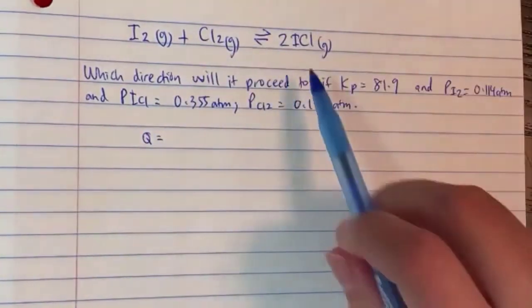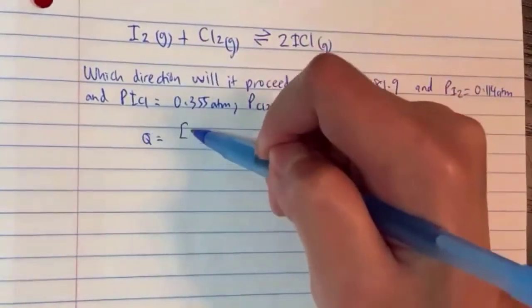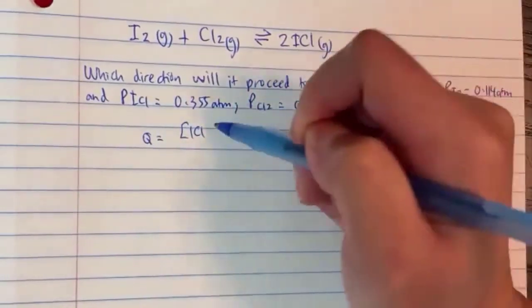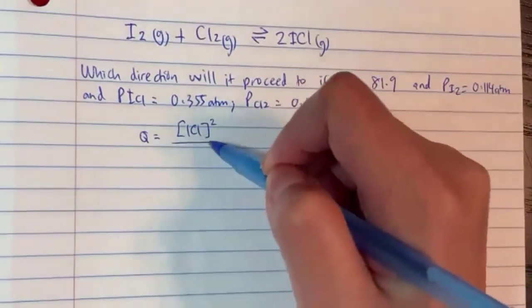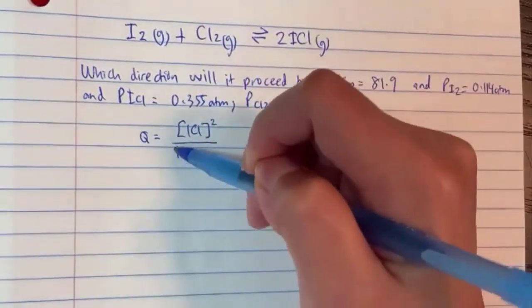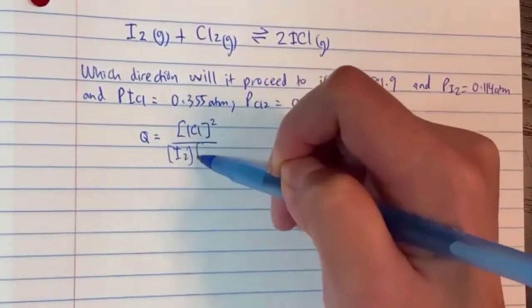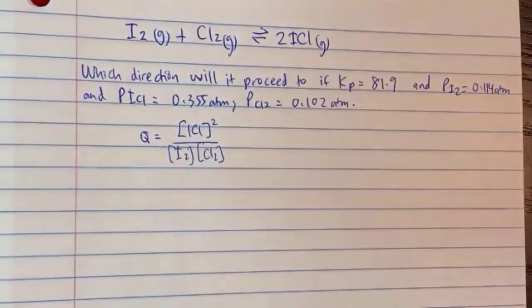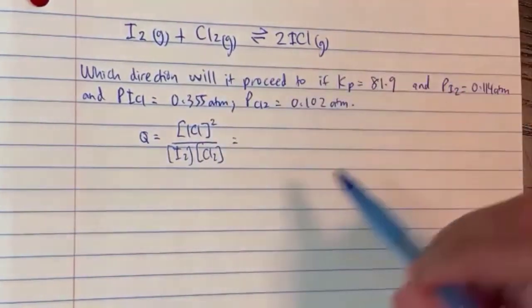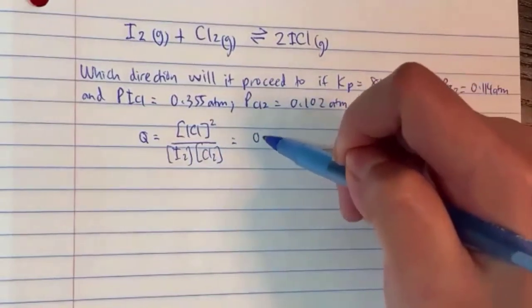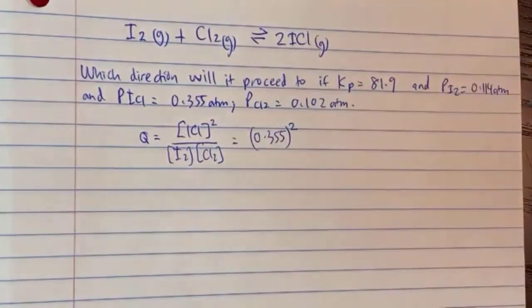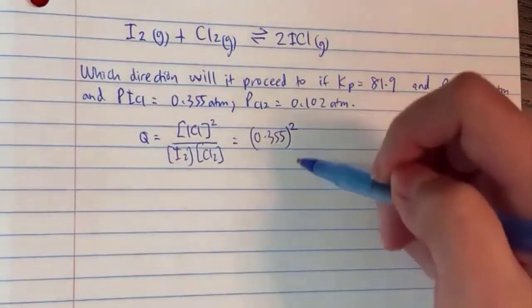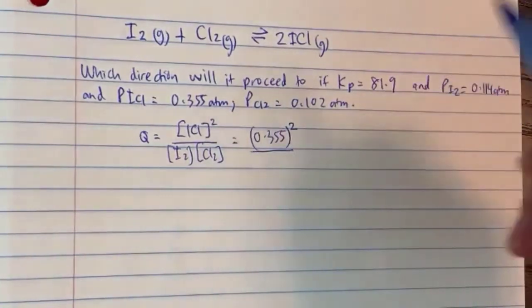The formula for Q in this case would be ICl squared. I wrote molarity, but really it's pressure, but it's just ICl squared, and then you want I2 on the bottom and Cl2 on the bottom. So let's put that together. It's 0.355 atm, and this is squared up here. Q and K don't have units here, so you don't need the units.